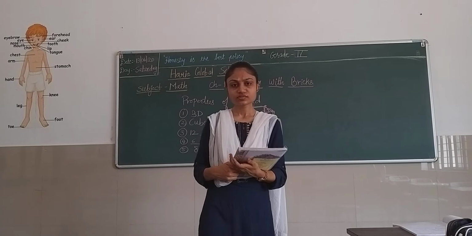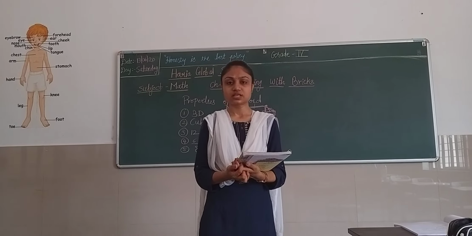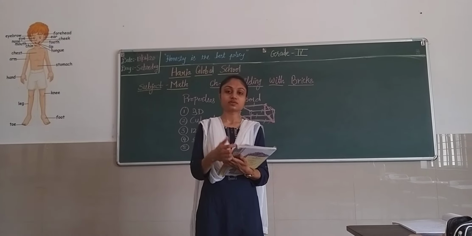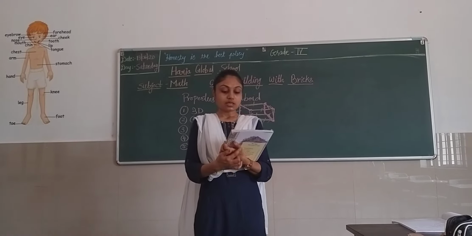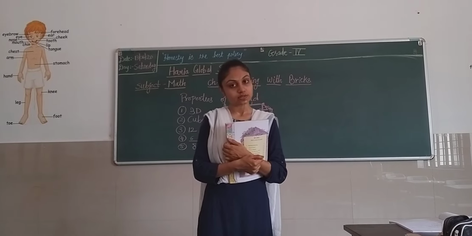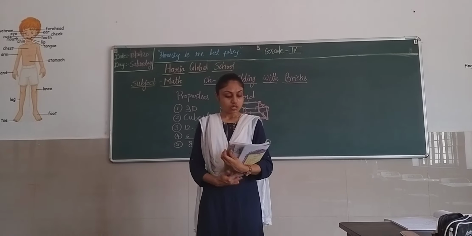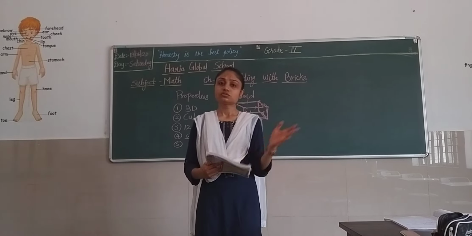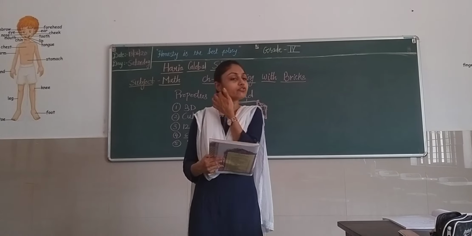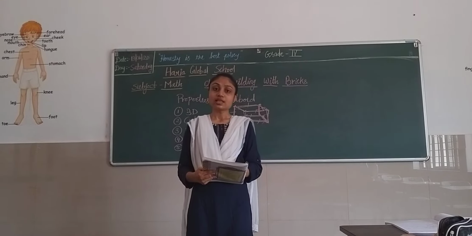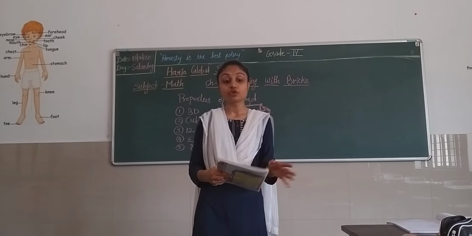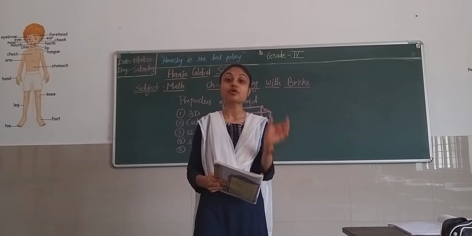Now, here one story is given to you. I already explained it. I am just giving you a quick revision. In Murshidabad, where is Murshidabad, West Bengal, there was one school going to be made. For making that school, they were planning to make the floor and walls of the school with the help of bricks.